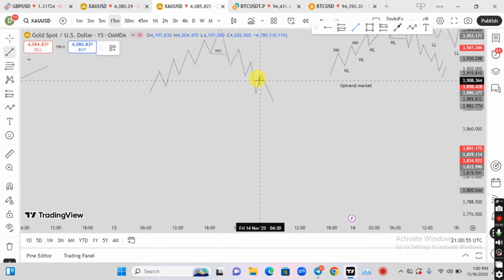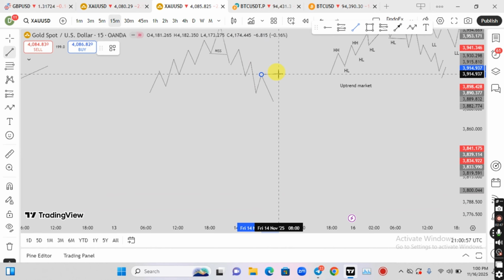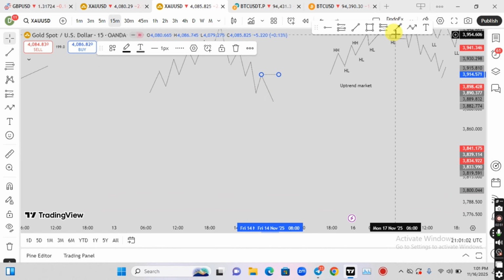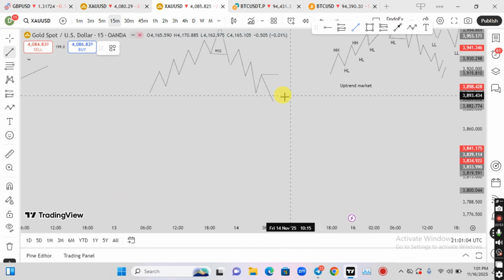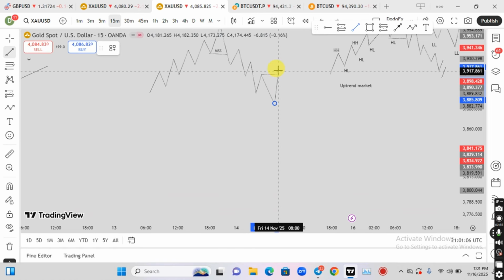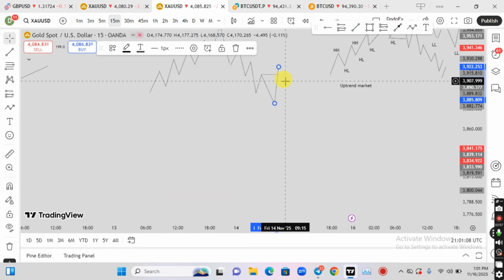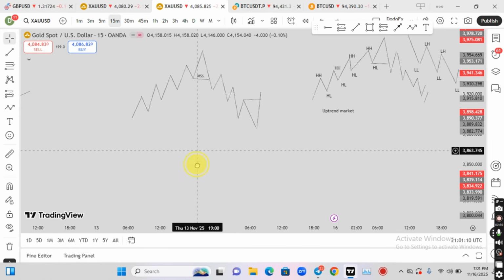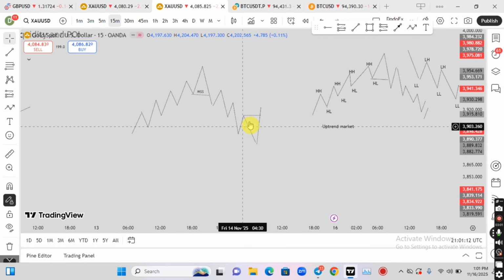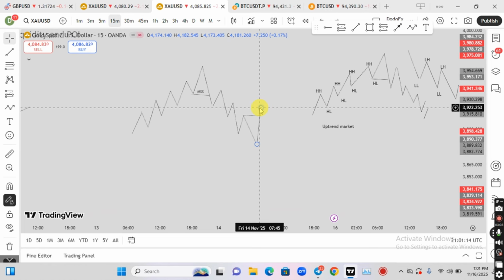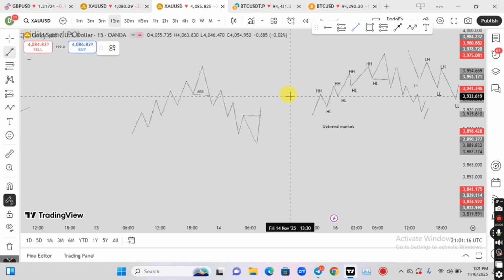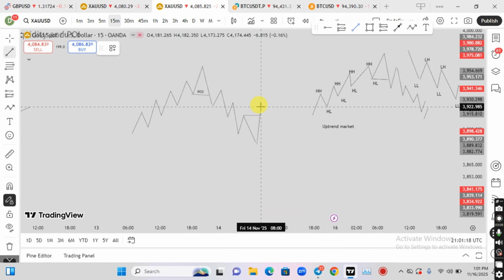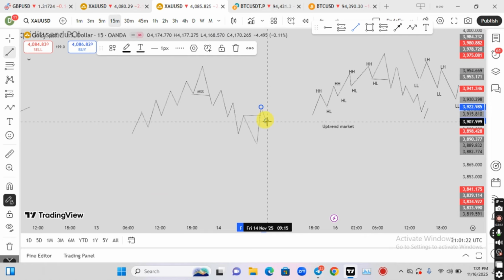When price breaks this zone here, maybe price does something like this, and then pulls back. And price breaks this zone here, and then pulls back and continues in that same direction.